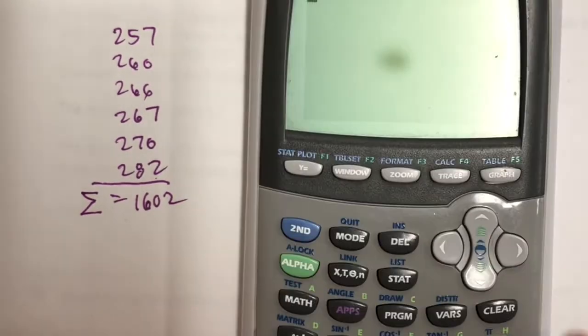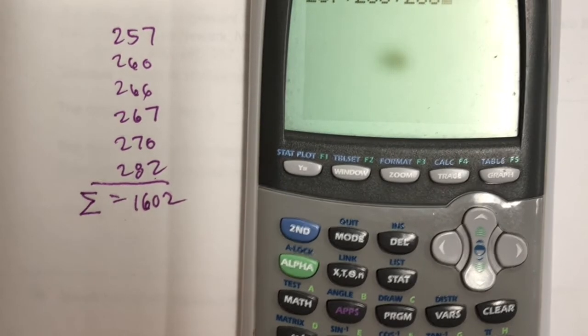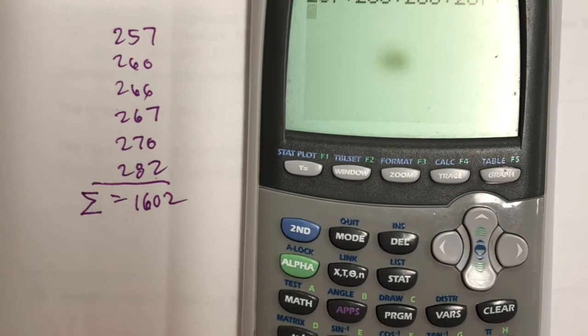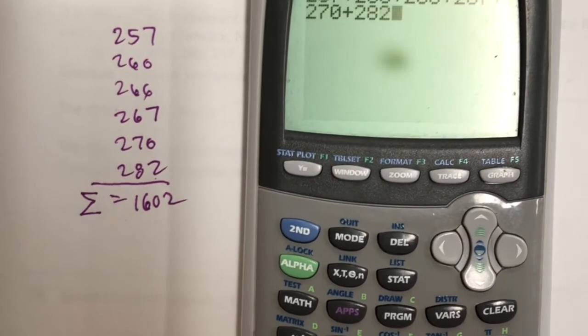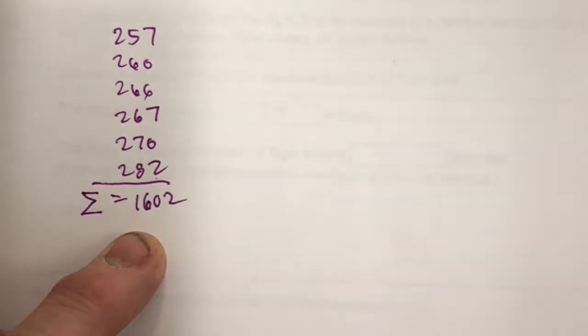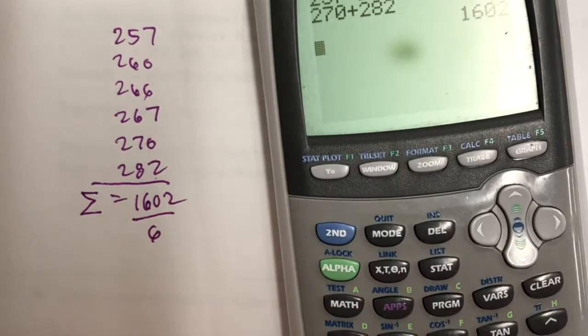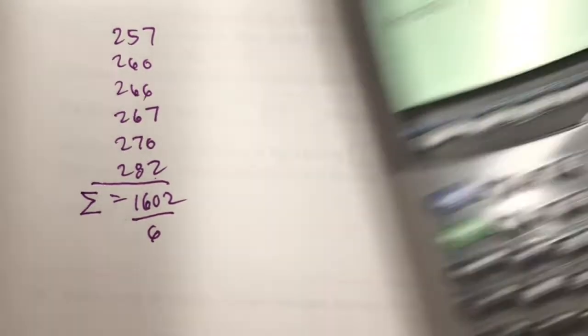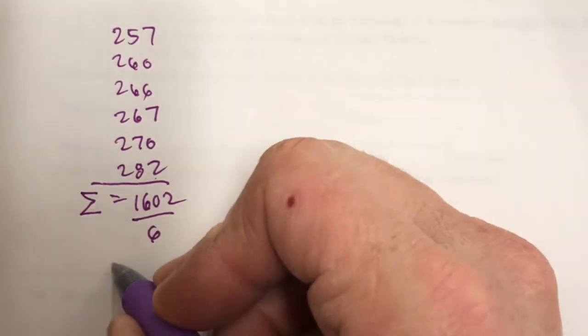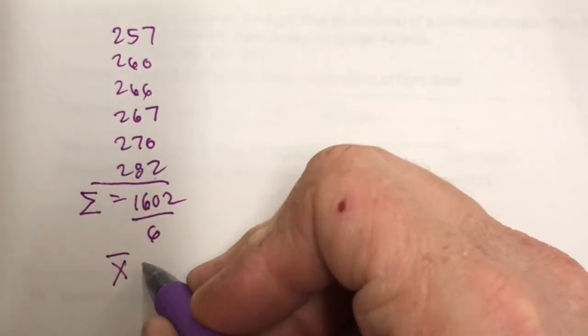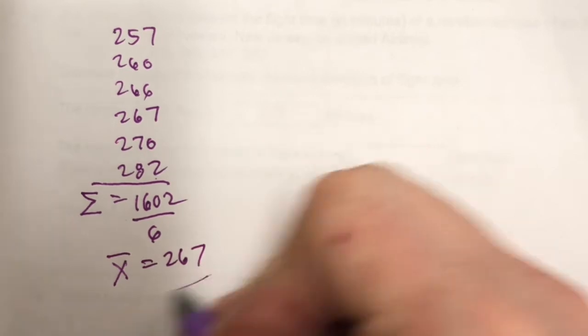Again, 1602. There's 6 of them, so you divide by 6, and that's 267. So that's my X bar, my mean.